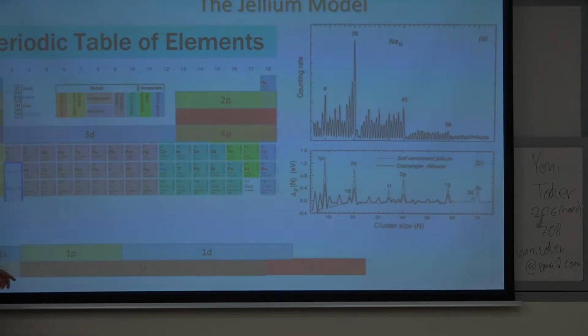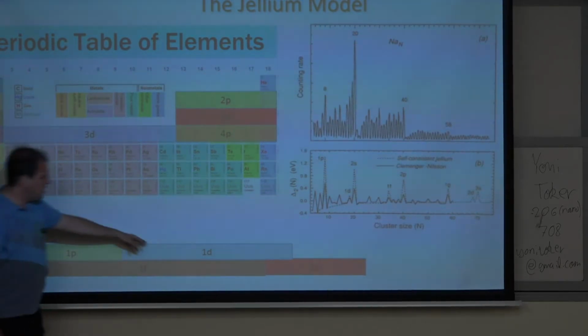The difference, however, between the periodic table and clusters is that the order of these shells is different. Okay, so the shells are the same. So for instance, the first shell is 1s, which has 2 electrons. In atoms, the next shell is 2s. But in clusters, the next shell will be 1p. Okay?